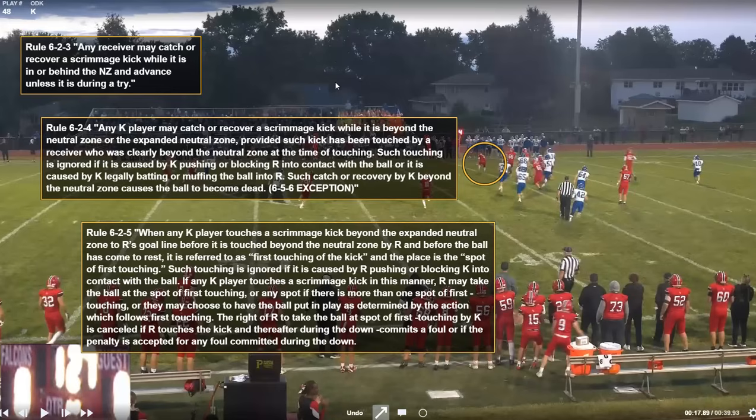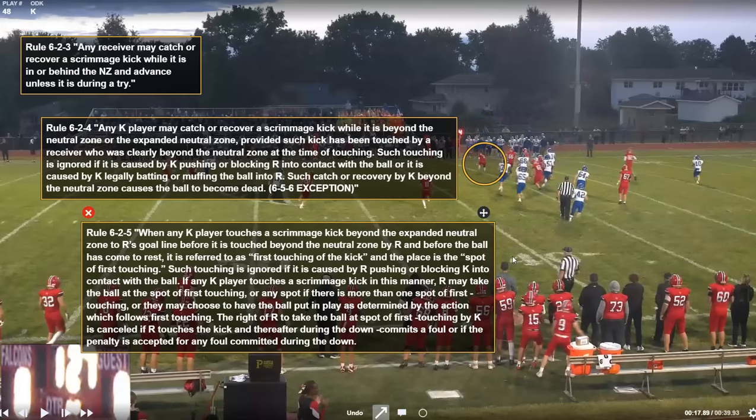Such touching is ignored if it's caused by K pushing or blocking R into contact with the ball, or by purposely batting the ball into R. And that's what happens here. We've got a K player who, because this R player touches this ball beyond the neutral zone, now can legally possess this ball.